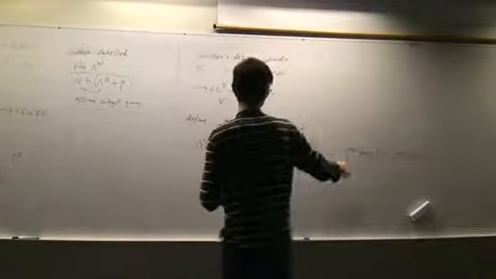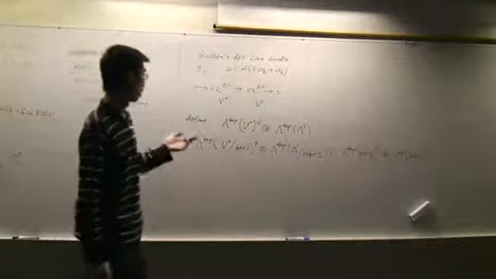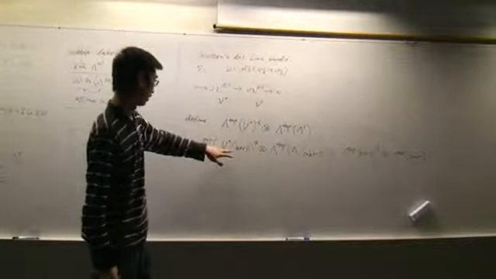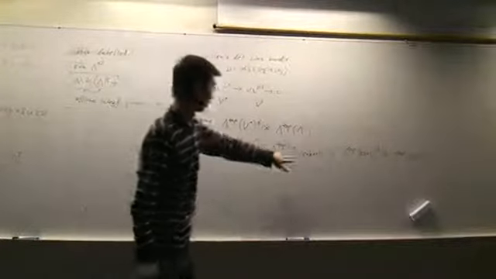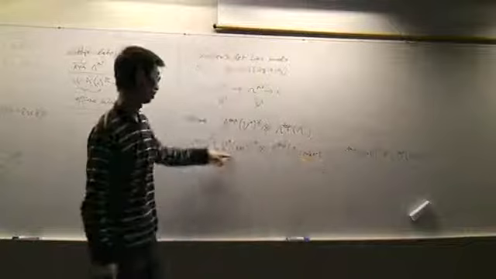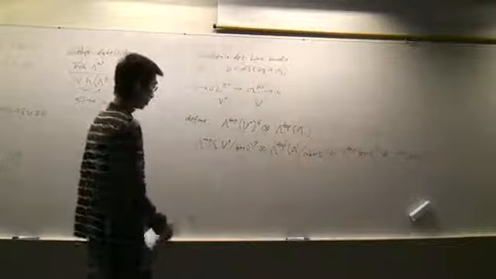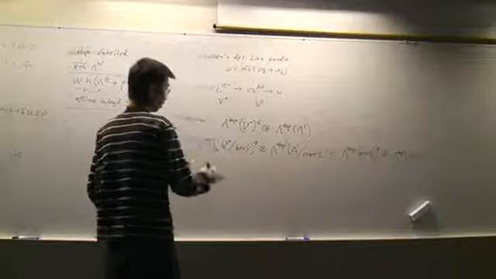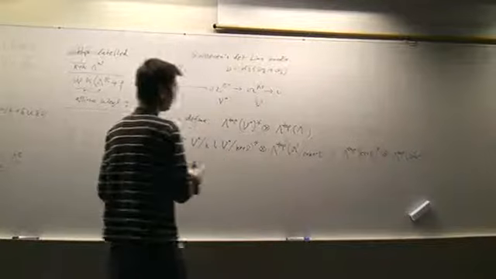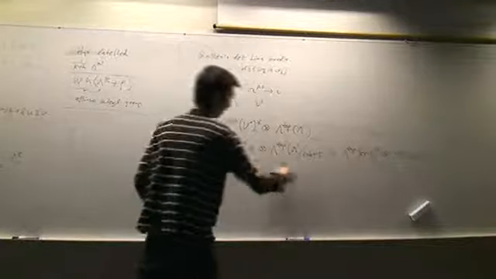Let me just strip out the kernel and co-kernel. Now, by definition, D maps this guy isomorphically onto this guy, because by definition there's no kernel here. The image is onto, which means that D actually gives you a trivialization of this. It gives you an element of this line element.